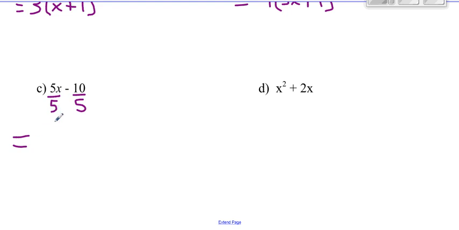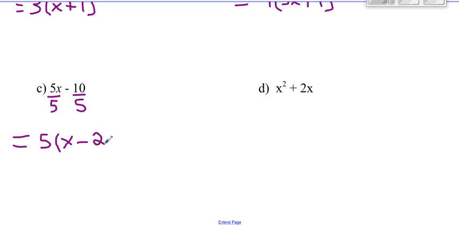My bracket's a little messy there, so let's try to fix it. Sorry guys, I'm just trying to use my finger to write here on my mouse pad, so it's a little hard. So in my bracket, 5x divided by 5 gives me x, so I'm just left with that x. Minus in between the 2, so I put in a minus, and 10 divided by 5 is 2, so I'm left with 2. So my common factor is 5, bracket x minus 2.